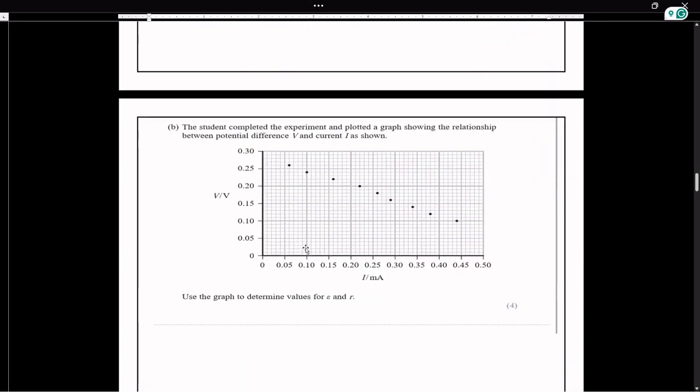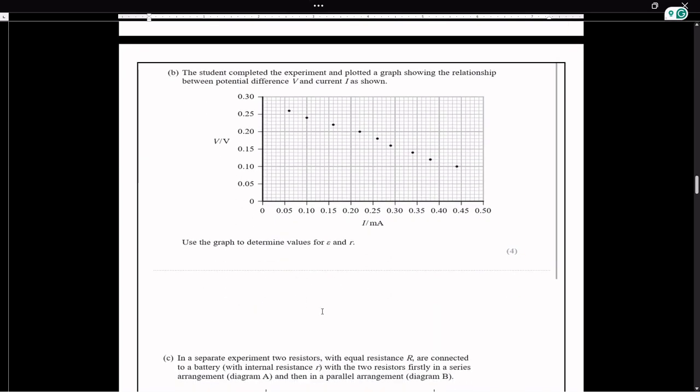Now the next part of the question is, the student from his experiment plotted a graph with voltage along the y-axis and current along the x-axis. Use the graph to determine the values of E and R, EMF and internal resistance. It's a 4-mark question.